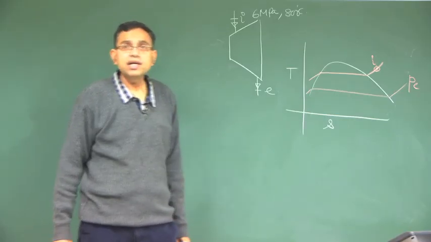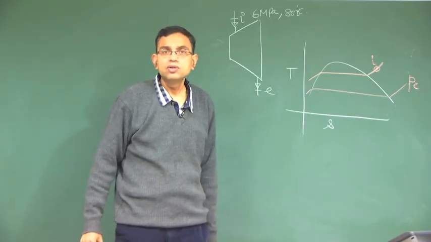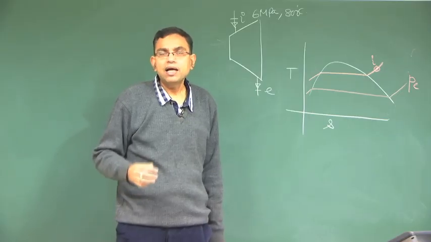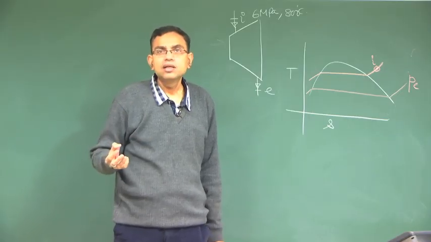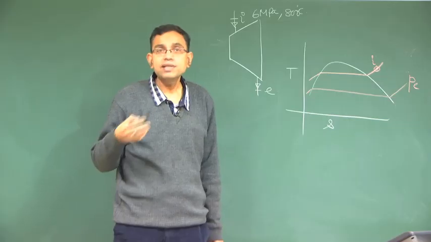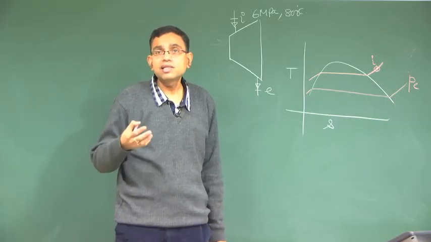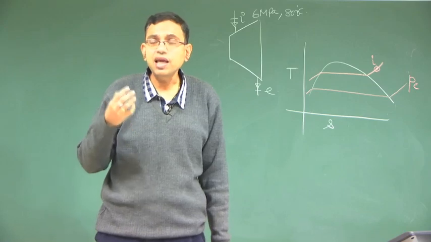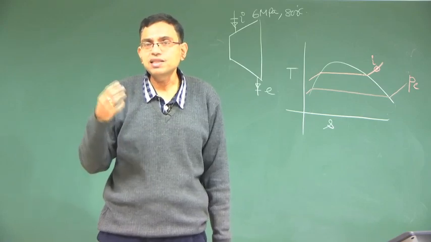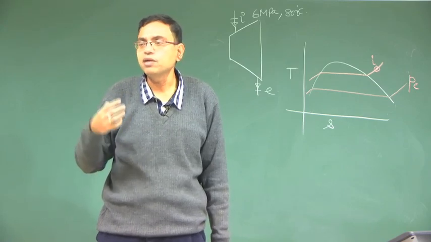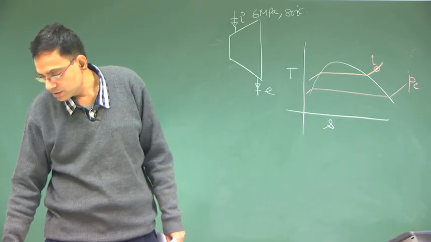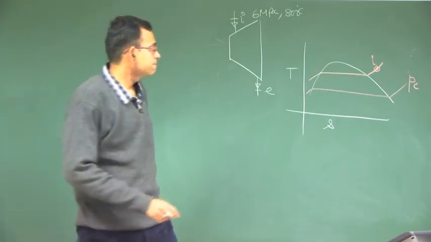Now, by isentropic efficiency we want to compare the actual work done by the turbine vis-a-vis the reversible adiabatic work, that is, if the state E would have been such that from I to E it would have been a reversible adiabatic process or an isentropic process, then what would be the work.